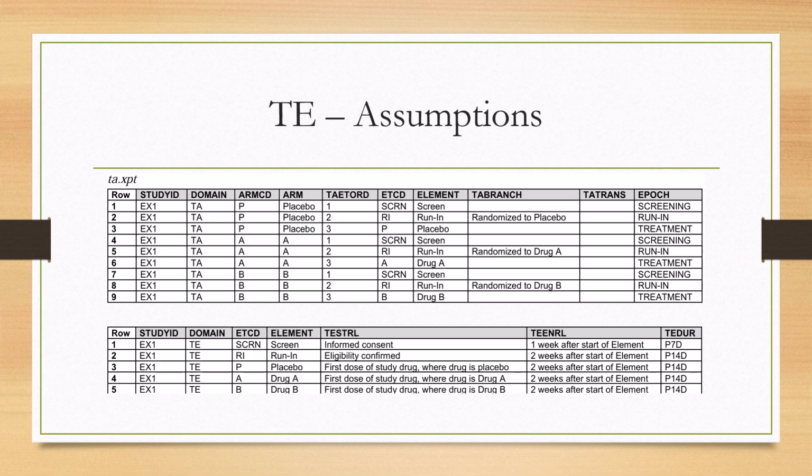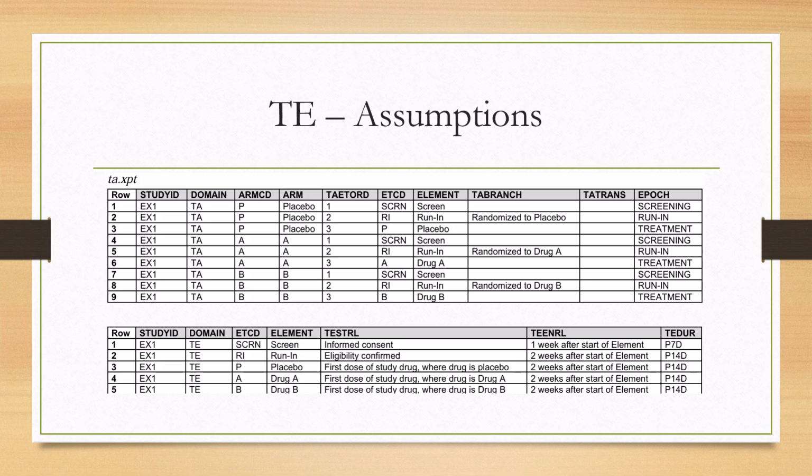So for placebo, you can see the treatment start rule has been defined as first dose of study drug where drug is placebo. We are not mentioning that it is under the placebo arm, because if we mention that it is defined for the placebo arm, then it will be dependent on arm.